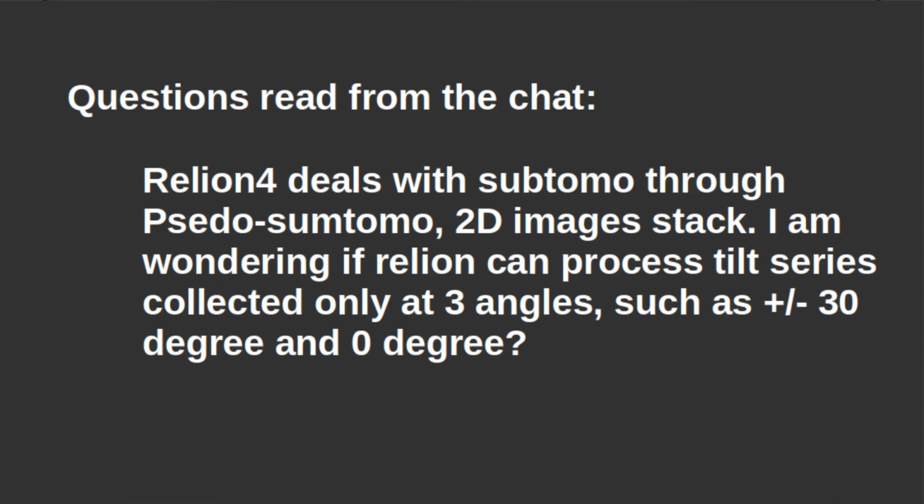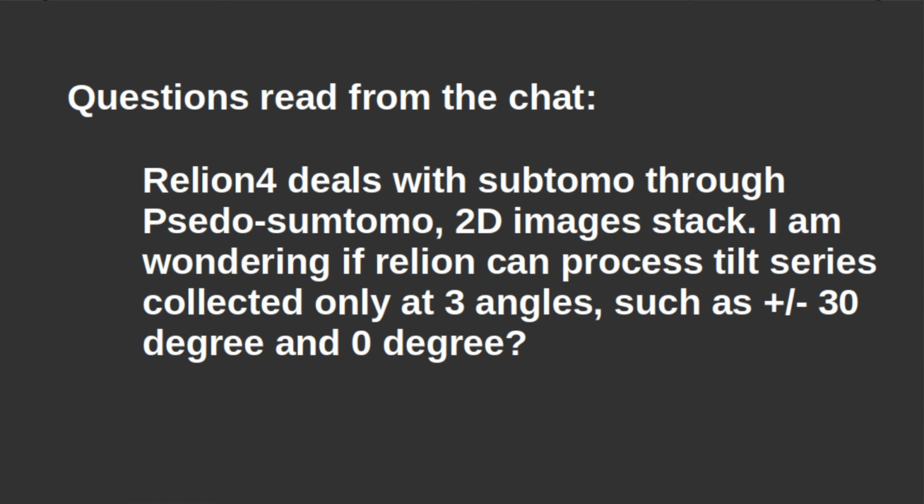If you guys would be interested in doing that, I would definitely invite you to try and use Relion-4 for that. Now, we discussed this with John Briggs here, and John is quite keen that we do make a full 2D version of the code where you process stacks of 2D images rather than the pseudo sub-tomograms. The main reason for that is this use case, because it would be much cheaper computationally to process 3 2D images as opposed to one full 3D image.